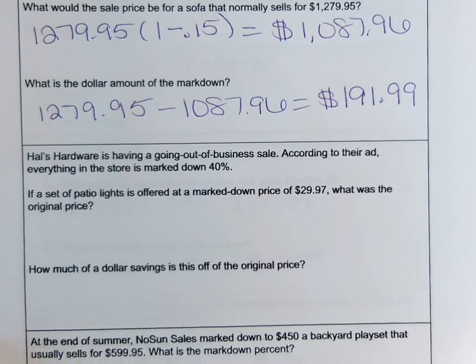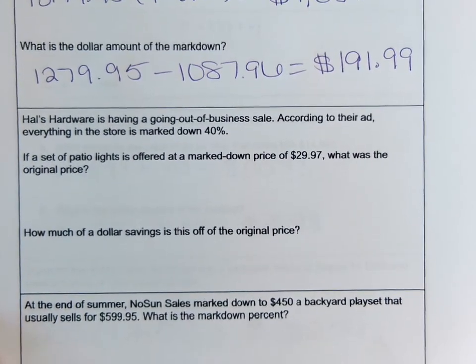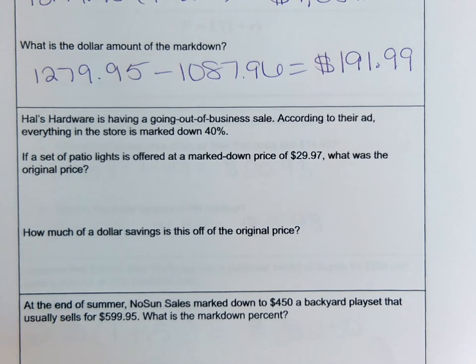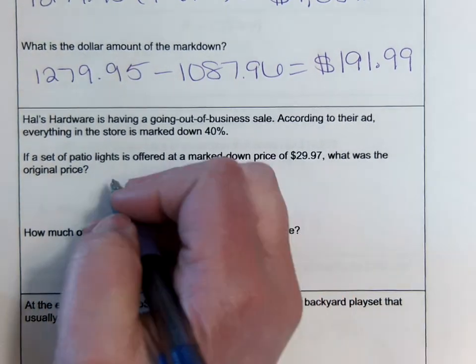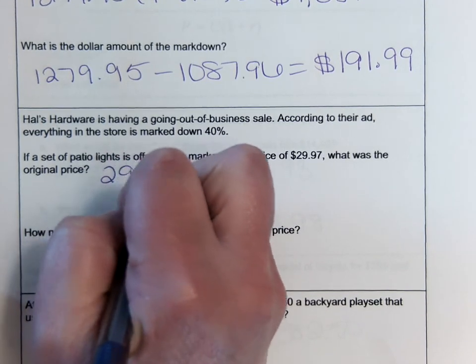Hale's Hardware is having a going out of business sale. According to their ad, everything in the store is marked down 40%. If a set of patio lights is offered at a markdown price of $29.97, what was the original price? So again, we're going backwards this time. So we're going to have a $29.97.